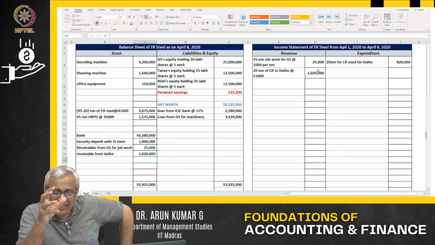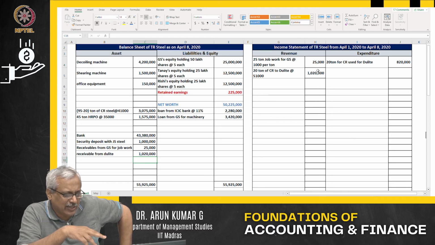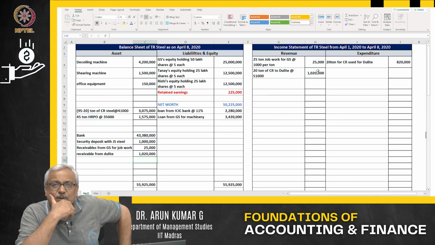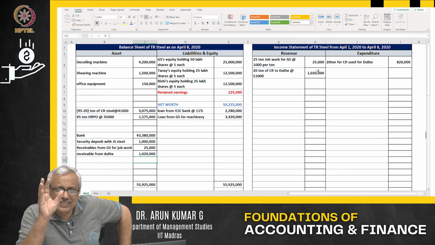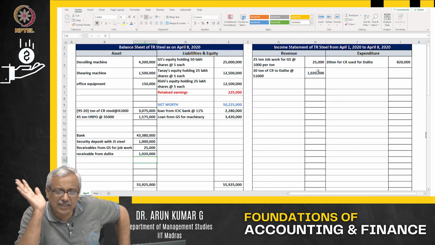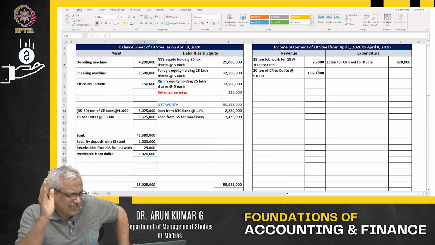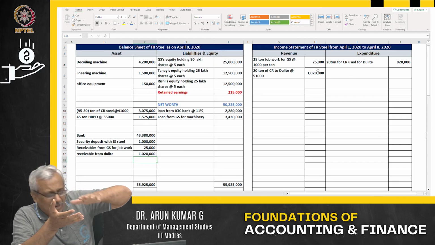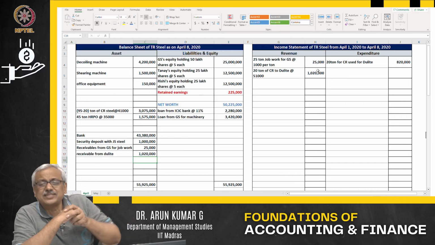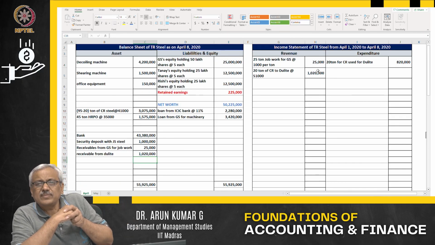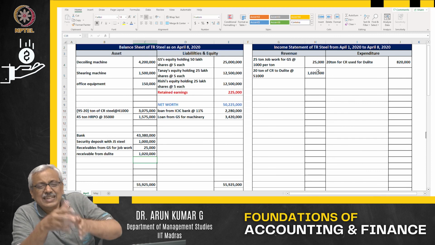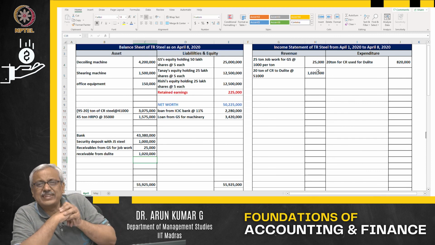So, this transaction I split into two parts. Now, you see your retained earnings is 225,000. What have I done? I have split the transaction into two parts. First part, utilization of the material. When you utilize the material, the stock you have comes down. That is what we did first. When you utilize the material, the expenditure increases, and that is what we see here.